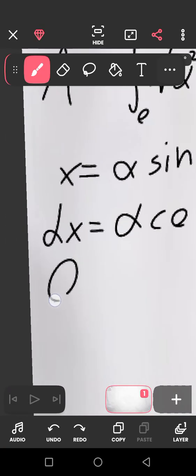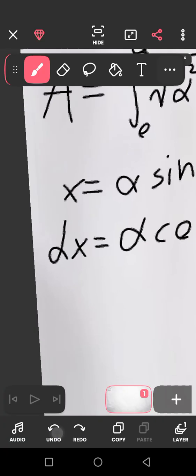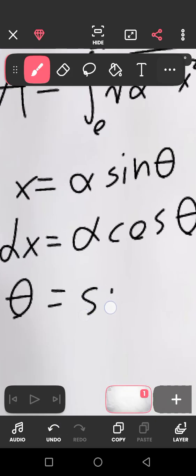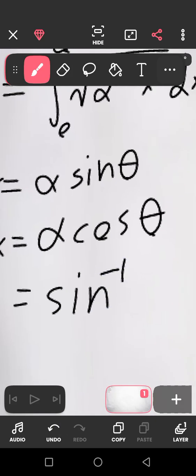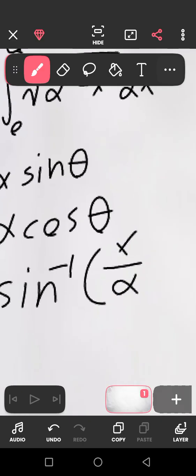Then we can change the limits of integration in a trigonometric substitution. Just find theta and plug in the limits. Theta is the inverse sine of x over a.